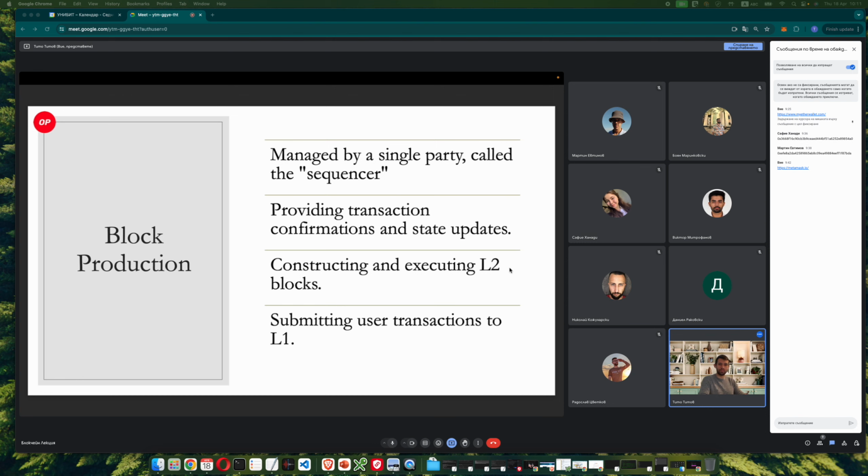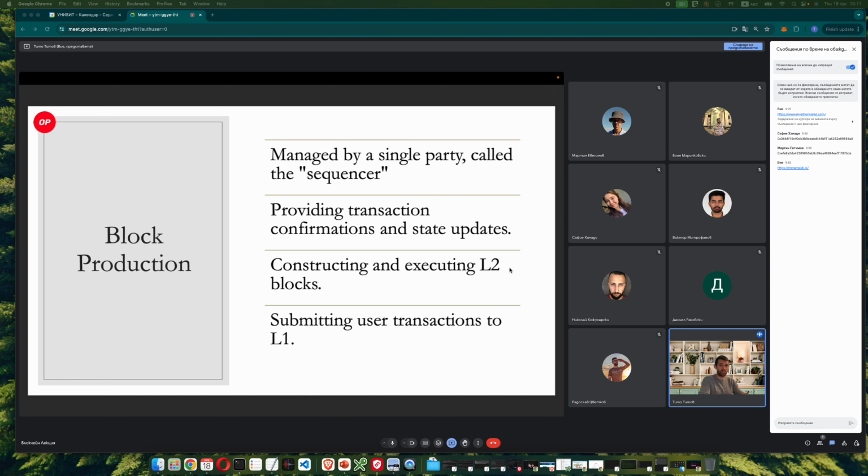It is important that the sequencer provides transaction confirmation and state updates. Also, the sequencer is constructing and executing layer 2 blocks. This is another important part that the sequencer is doing. It is also submitting user transactions to layer 1. So the sequencer is a crucial part, like the core part of the protocol.